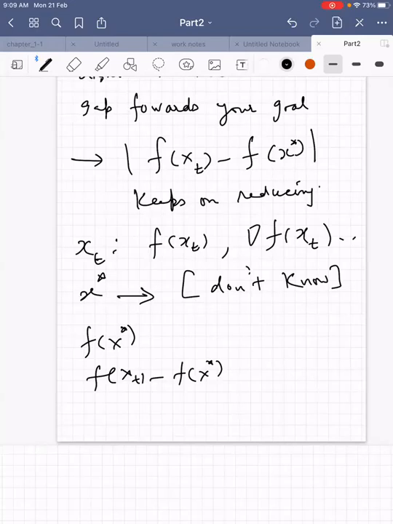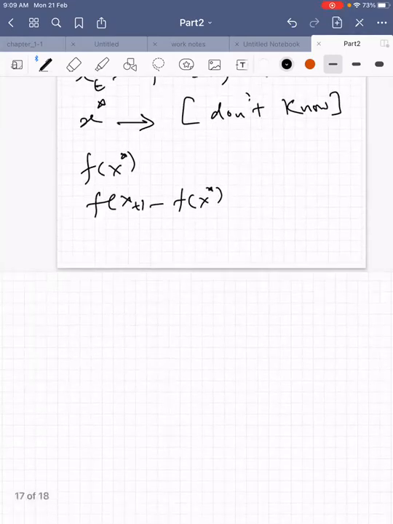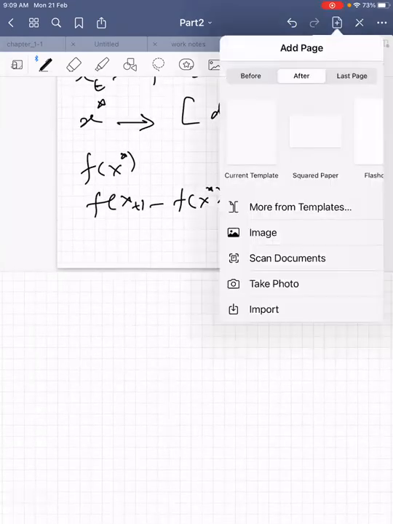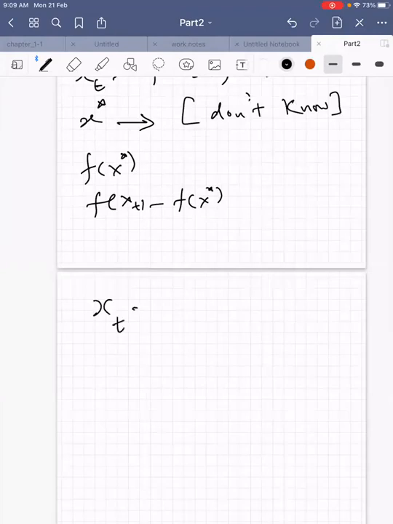But how do you know that when you go from x_t to x_{t+1}, the gradient will become 0? Because there are infinite ways of going from x_t to x_{t+1}, isn't it? Let's say I'm at x_t. Now I can go this side, I can go here, I can go in all possible directions, isn't it?